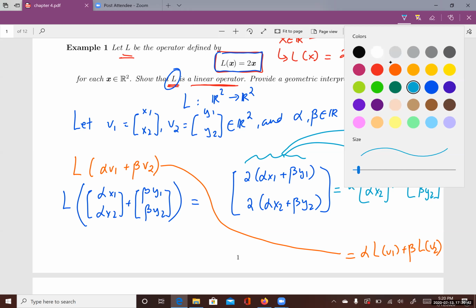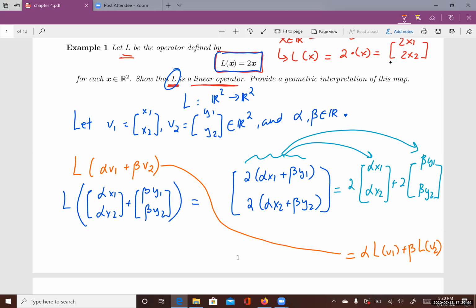And you can see that 2 times alpha x1, alpha x2 is actually LV1, and 2 times beta y1, beta y2 is actually LV2. So this is what we wanted to show.